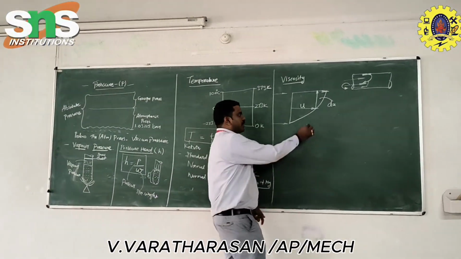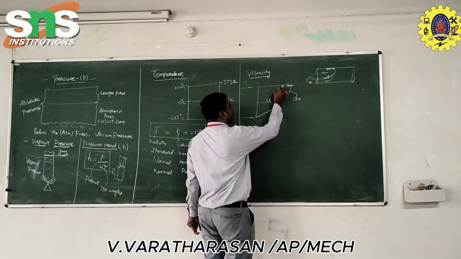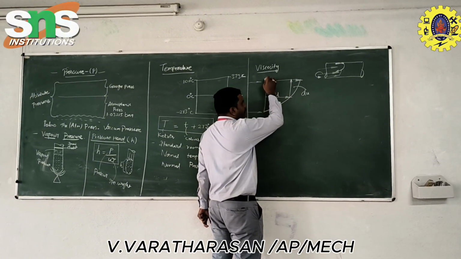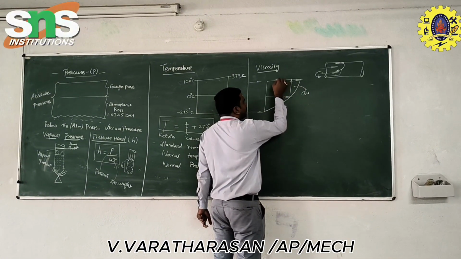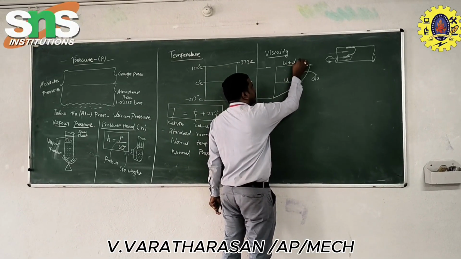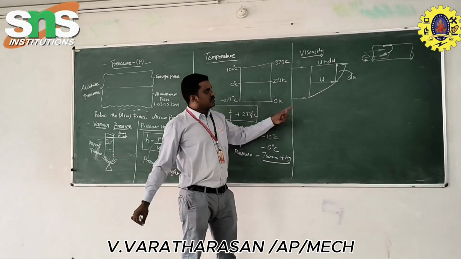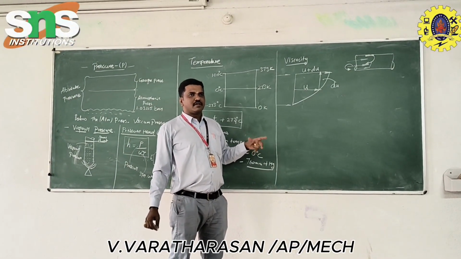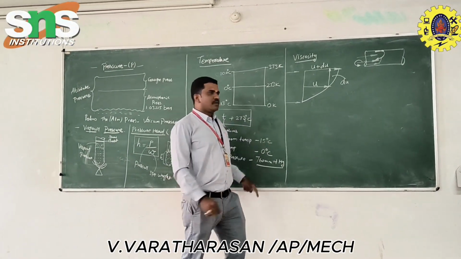So here, if I take the total, what is the total velocity of the topmost layer? You just add these two, that's all. So u plus du is the topmost layer velocity in the particular liquid.